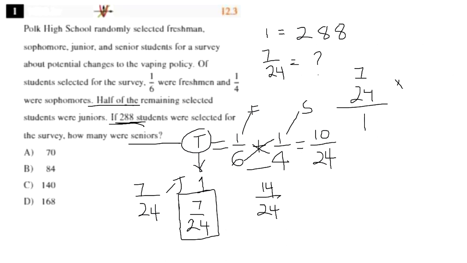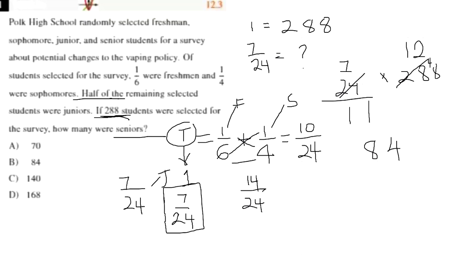So 24 into itself, 1. 24 goes into 28 once, remainder 4. 24 goes into 48 two times. So you have 12 here. Now, 7 times 12 gives us 84, right? So 84 is our final answer, and that's it here.